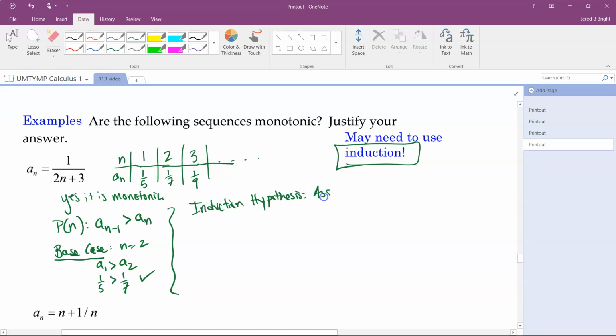I assume P(k) is true. I'm just going to write out P(k) for my own sake. This is a sub k minus 1 is bigger than a sub k. So that's my induction hypothesis, and now I do my induction step, and I say, show P(k+1) is true.